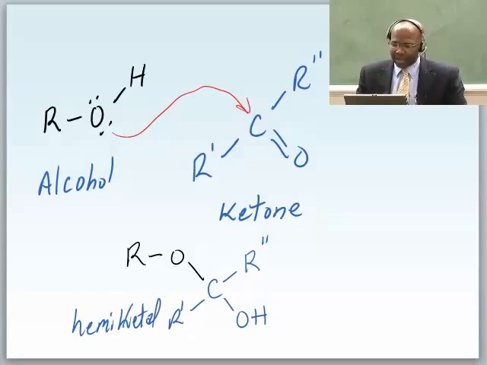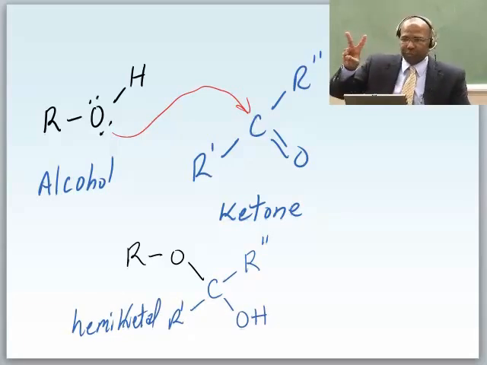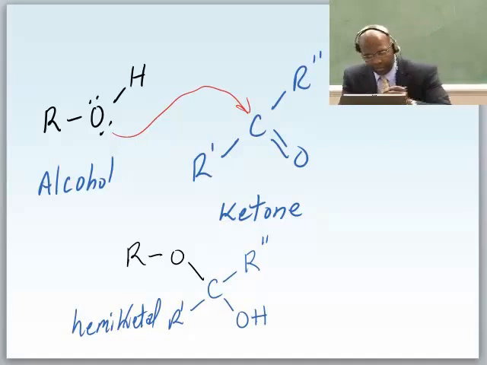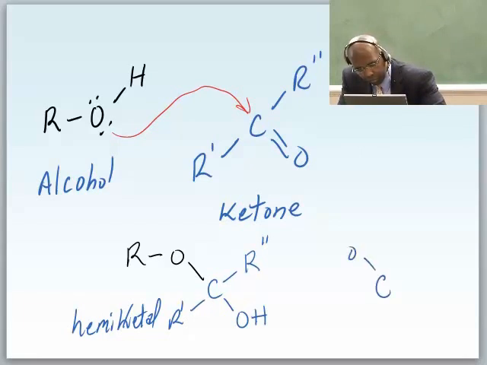So a hemiketal has two R groups, and a hemiacetal has one R group. A full acetal has two ORs. So what's the name of the structure? Let me see if y'all can figure this out.